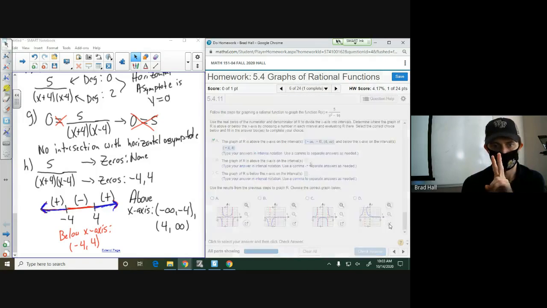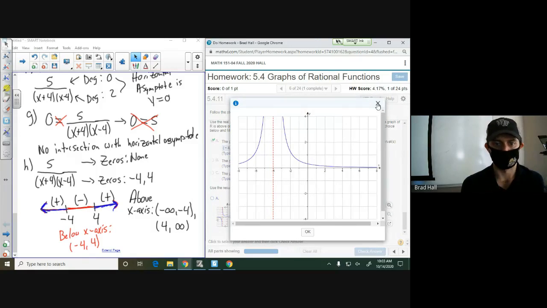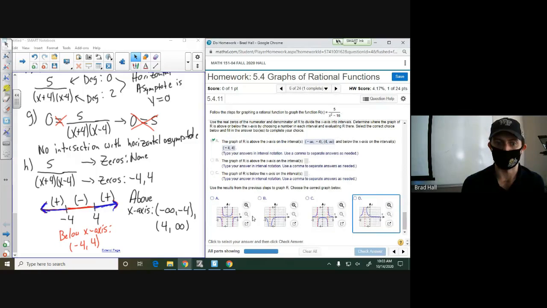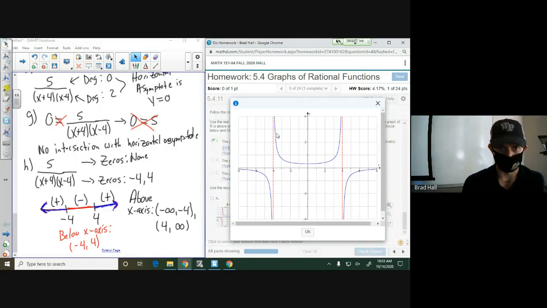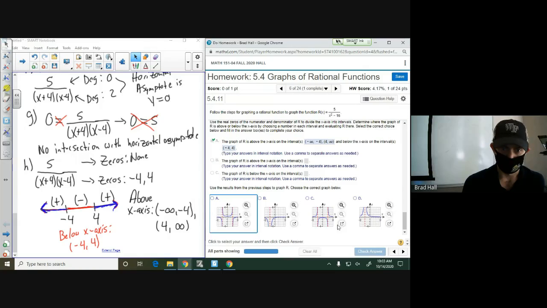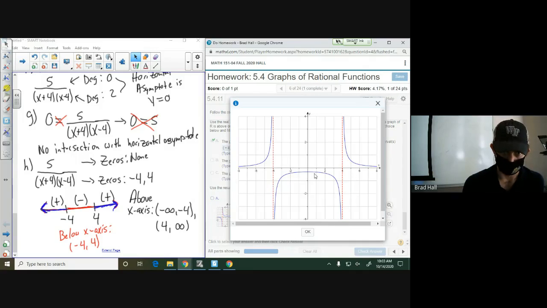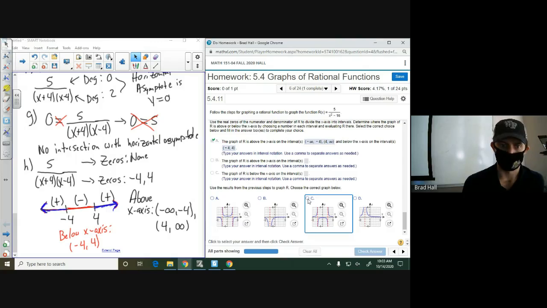Same thing with part D. So both of those are out, and we're left with A and C. In the most recent step, we determined that the middle component has to be below the x-axis. Here, it says the middle component is above the x-axis, while this one says the middle component's below. So naturally, we choose C.